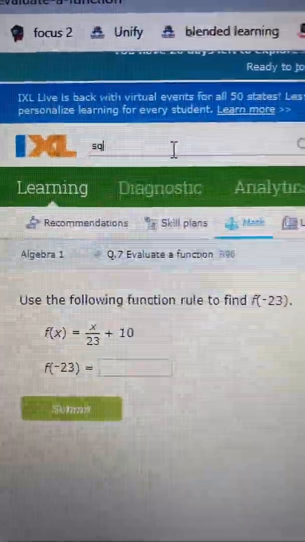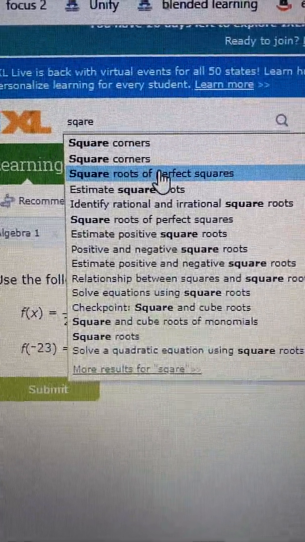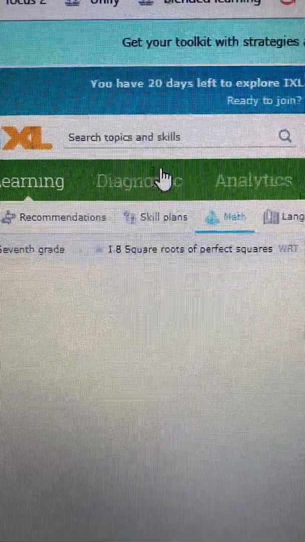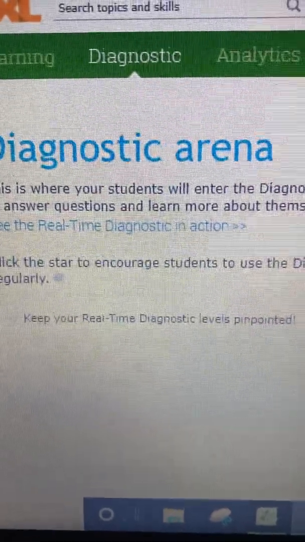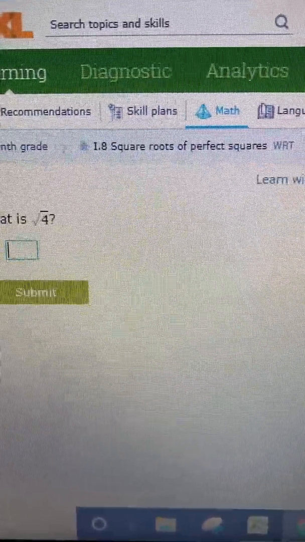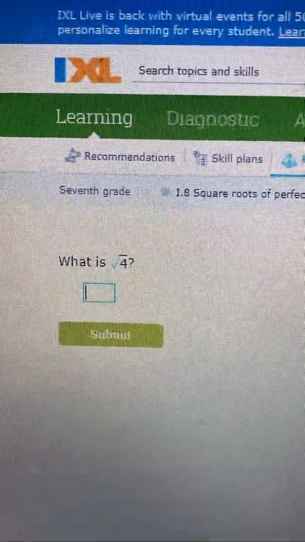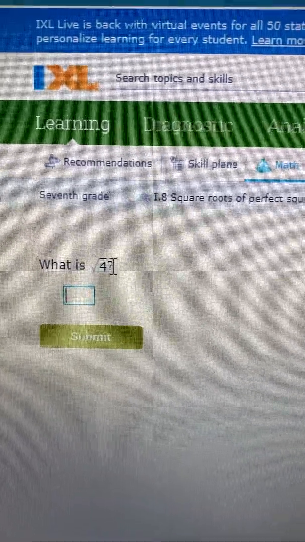I'll just pull it up somewhere else. If you weren't familiar with them. So remember, a square root is just what number times itself gives you that. So that would be 2.